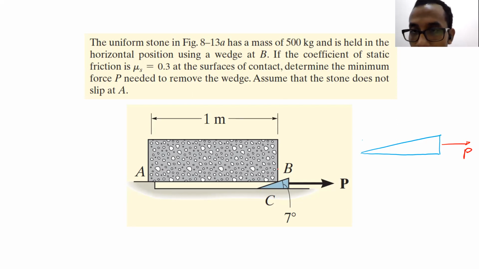At C there will be a normal force going up, N1, and then the friction force is supposed to be going to the left, because the force P is pulling the wedge out.